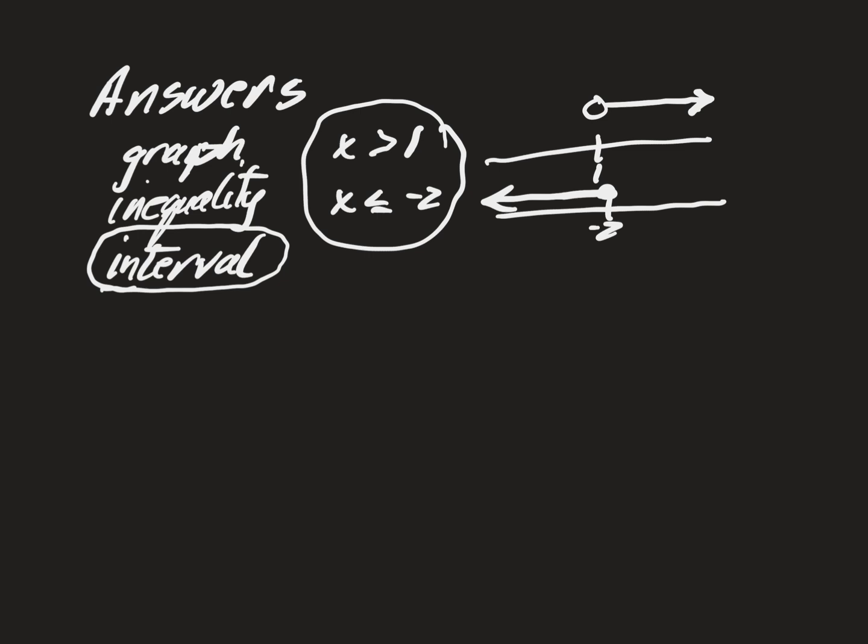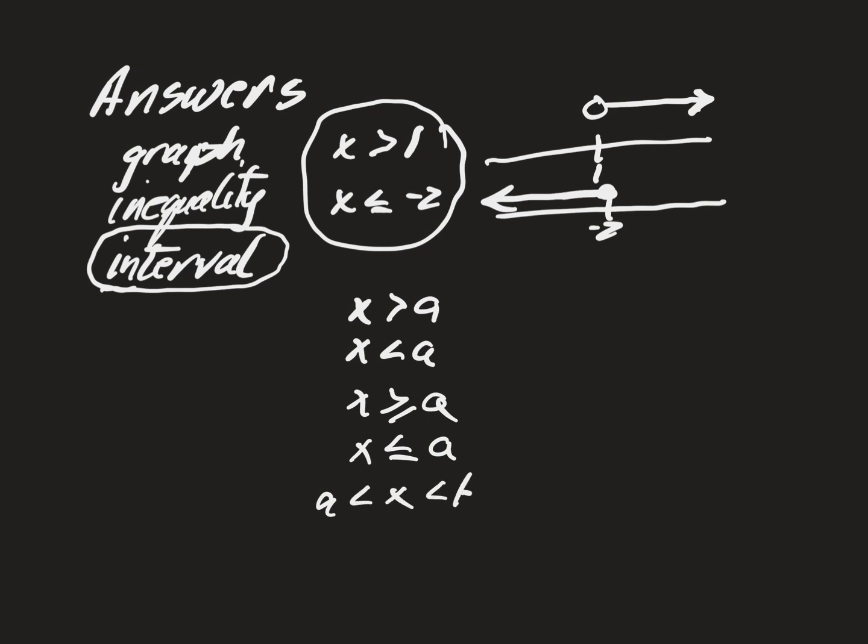Now, just so you remember, let's do something like this. x greater than a, x less than a. Then x greater than or equal to a, x less than or equal to a. And then we might have something like a is less than x is less than b, a is less than or equal to x is less than or equal to b.